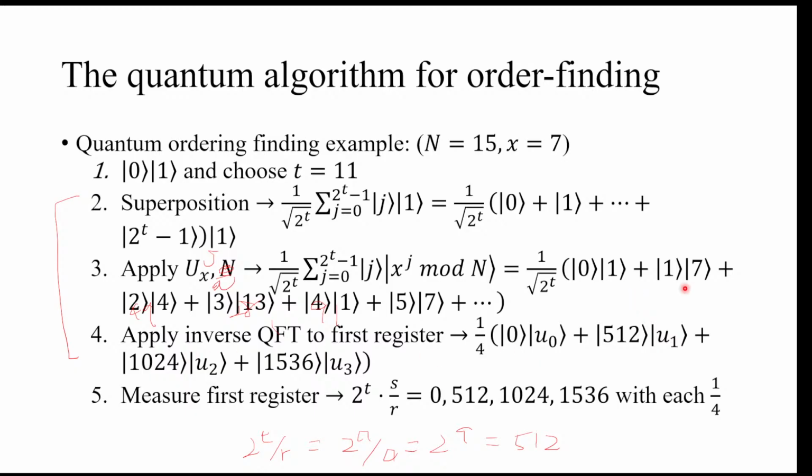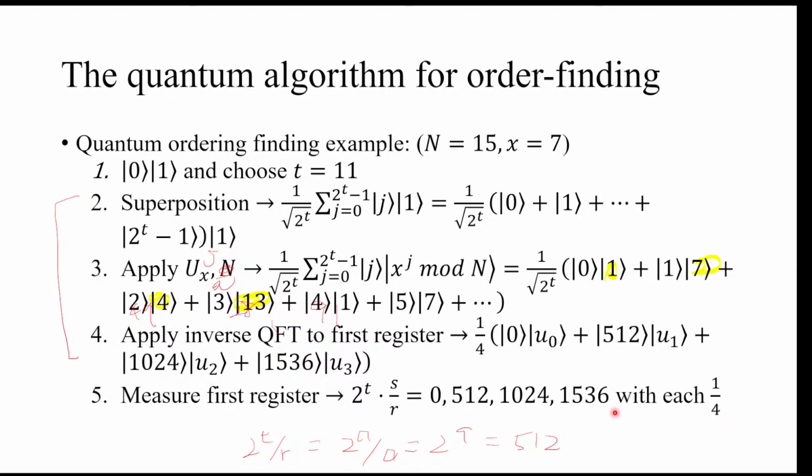So there will be 4 different eigenvectors being the 4 different combinations of these 4 states, because the second register will keep repeating this 1, 7, 4, 13, etc. Okay, and with 4 we have 4 eigenvectors here, and the first register will give you the eigenvalue of that.